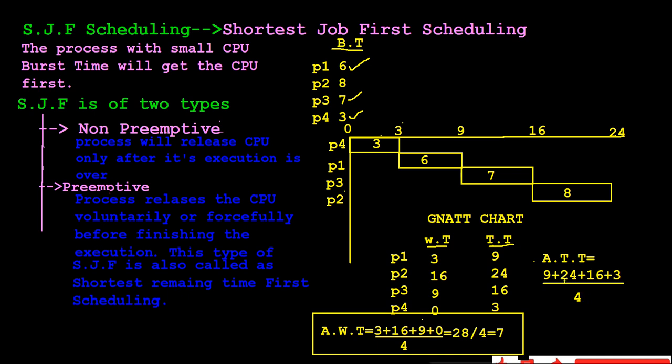9 plus 24 plus 16 plus 3 is 52. So this is equal to 52. 52 divided by 4 is equal to 13.